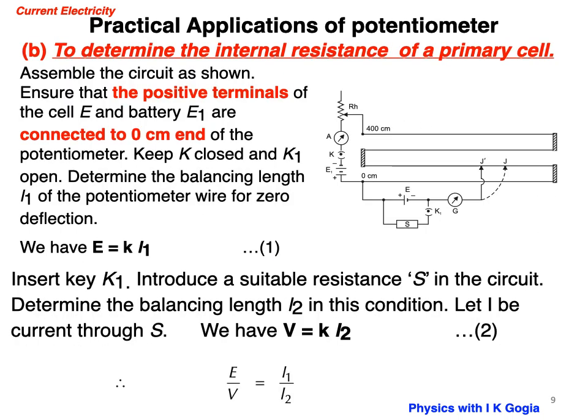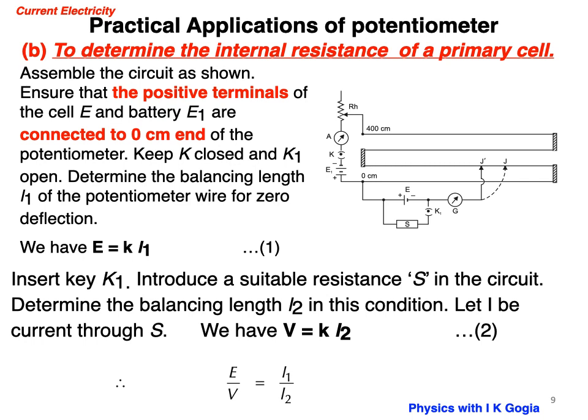The next application is the determination of internal resistance of a primary cell. Again, the circuit is shown.